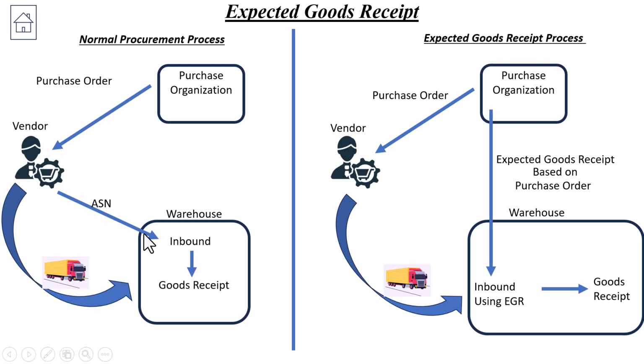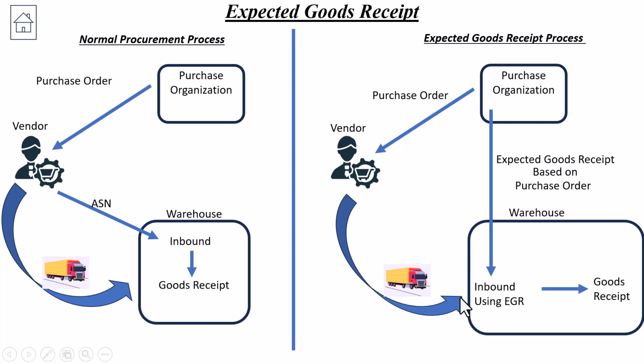But when it comes to expected goods receipt, when the purchase organization places a purchase order, it is not required for the vendor to send the ASN. For example, you haven't received the ASN, but suddenly you have received the goods into the warehouse.